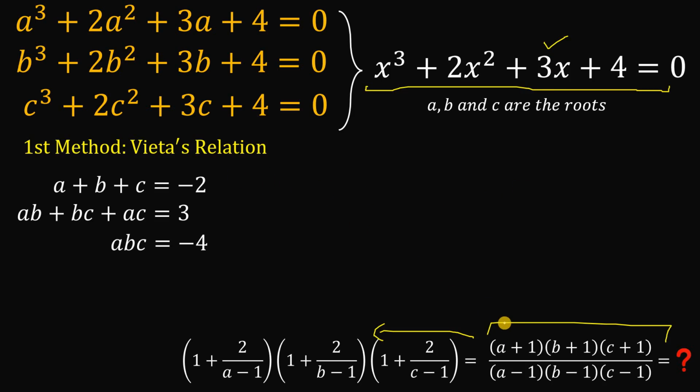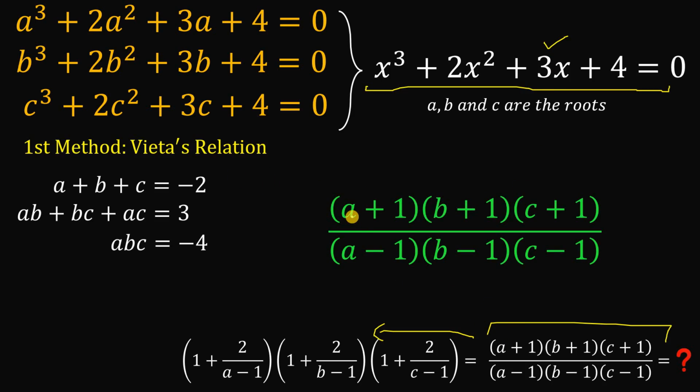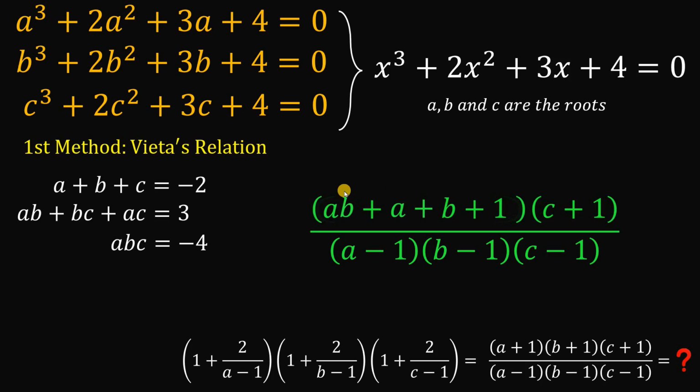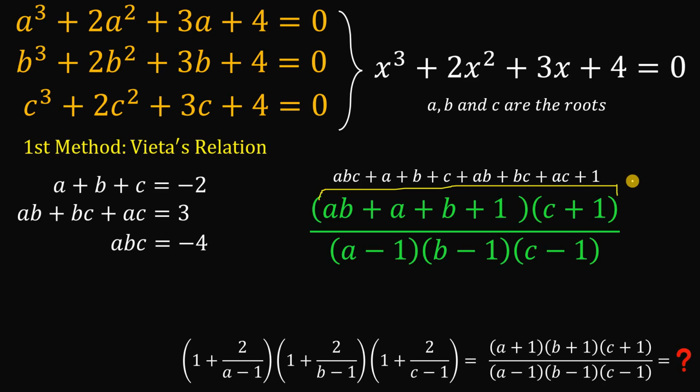Now let's get the expression that we want to find. Now what we're going to do is simplify this. Let's multiply A plus 1 and B plus 1. If we do that, we get AB plus A plus B plus 1. So let's replace this. Next, if we multiply AB plus A plus B plus 1 by C plus 1, we get something like ABC plus A plus B plus C plus AB plus BC plus AC plus 1.